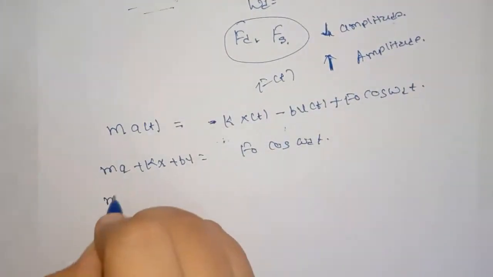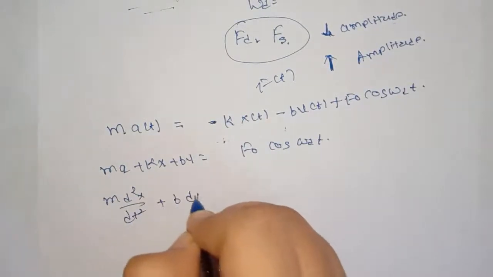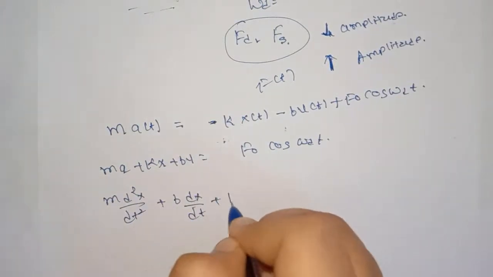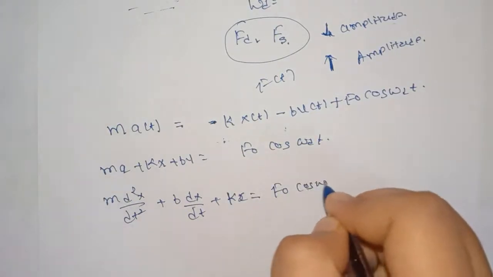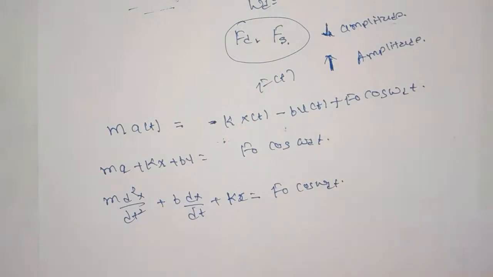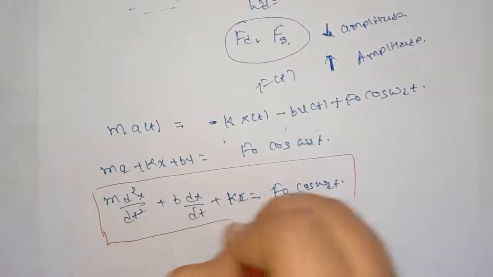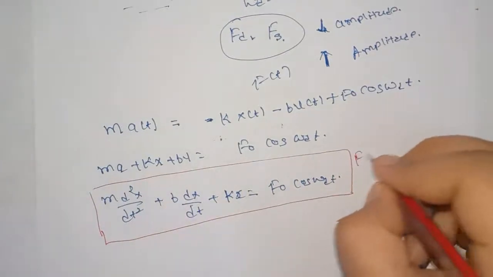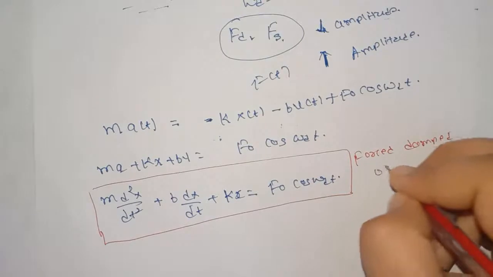So we can write m d square x by dt square plus b dx by dt plus kx is equal to f naught cos omega d t. So this will be the describing equation for forced damped oscillations.